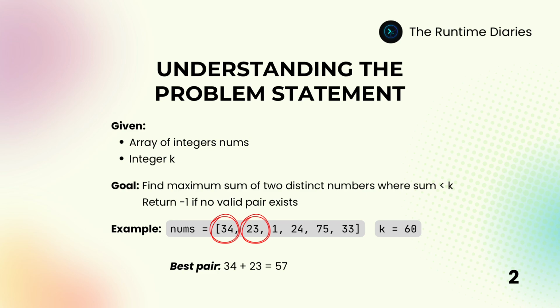The best valid pair is 34 plus 23, which equals 57, and 57 is less than 60. So this isn't two sum in the regular sense. We're not trying to hit a target. We're trying to get as close as possible to k without crossing it.